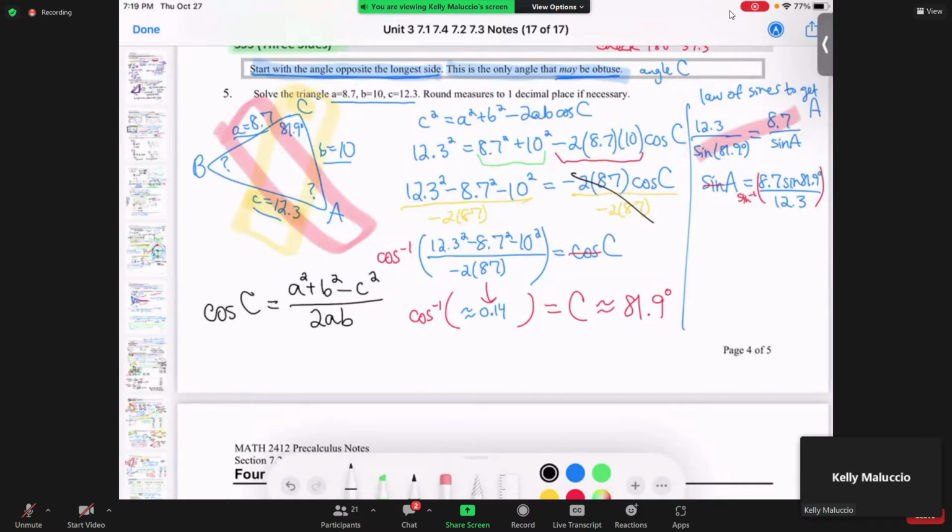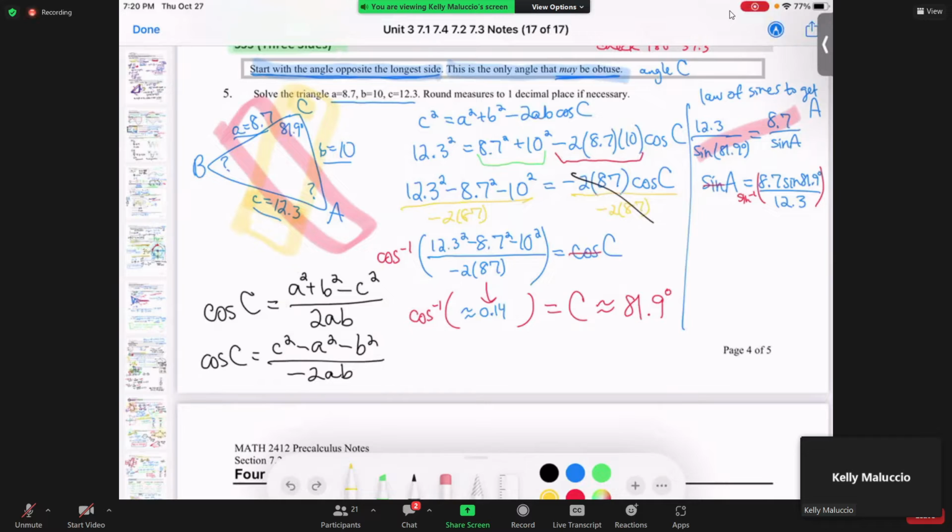But notice what we did was cosine C is c squared minus a squared minus b squared over -2ab. It's the same thing. If you just multiply everything in this one by -1 on the top and the bottom, that's what they did. So it'll get you the same thing.